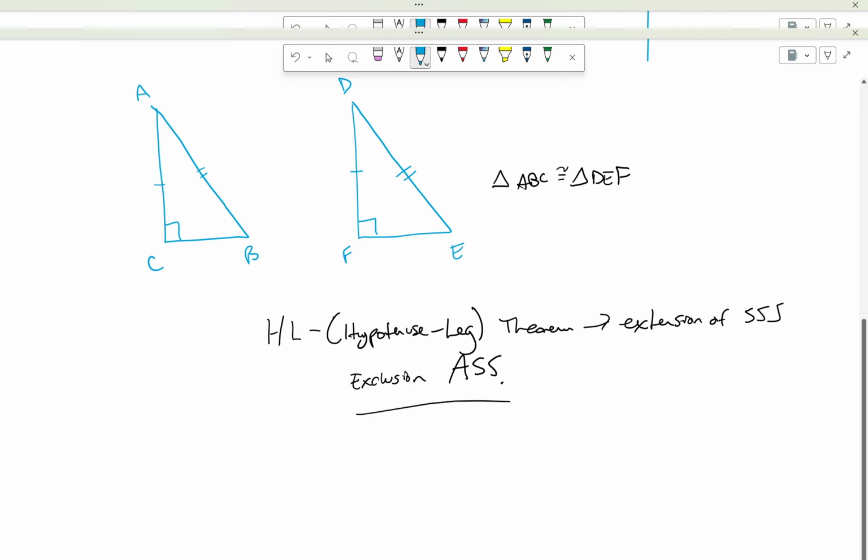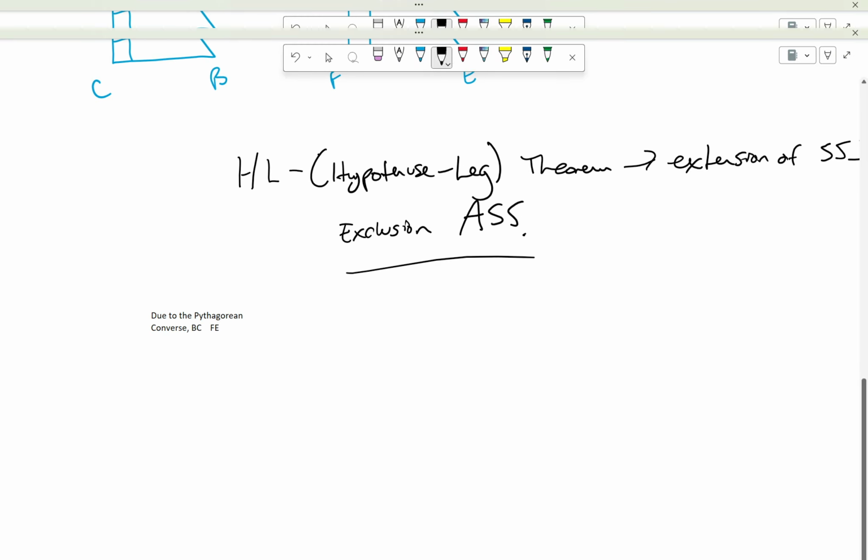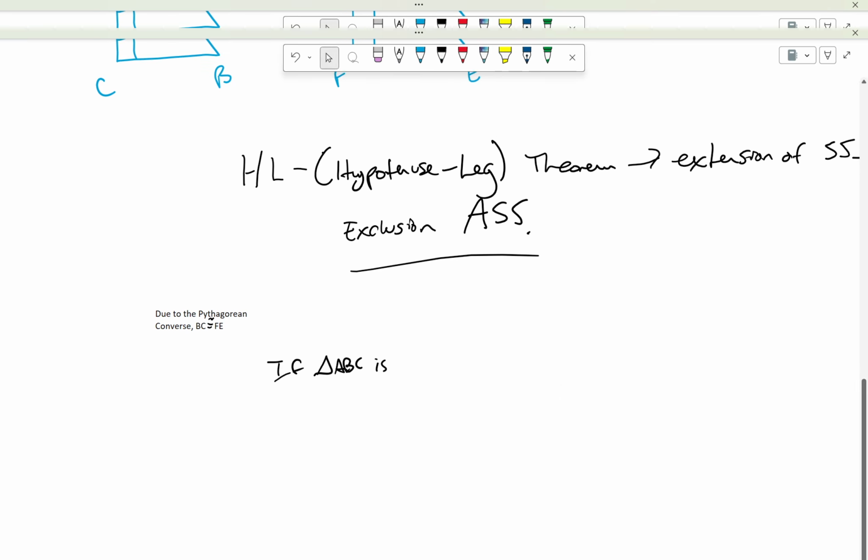Due to the Pythagorean converse, we're going to have that BC is congruent to FE. Put the little congruent sign right here. Here's why. If triangle ABC is a right triangle, this is the Pythagorean converse, then the Pythagorean theorem applies.